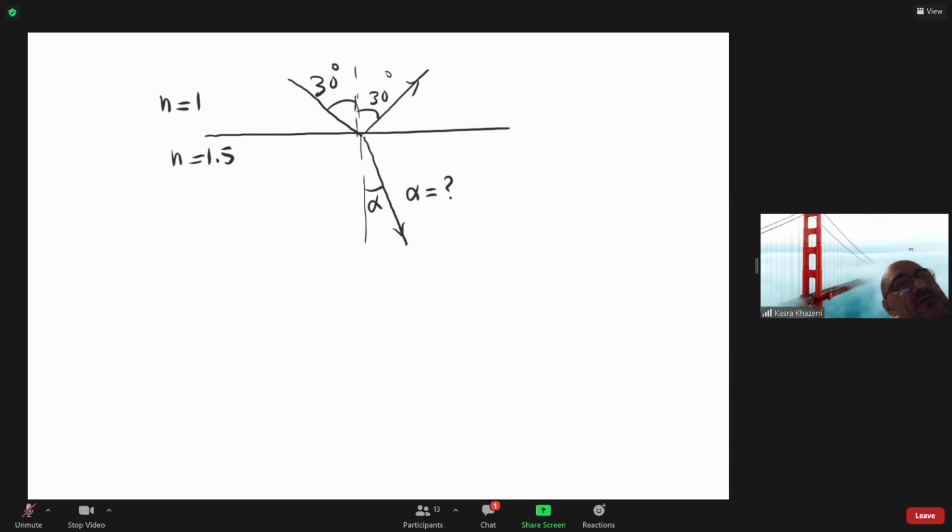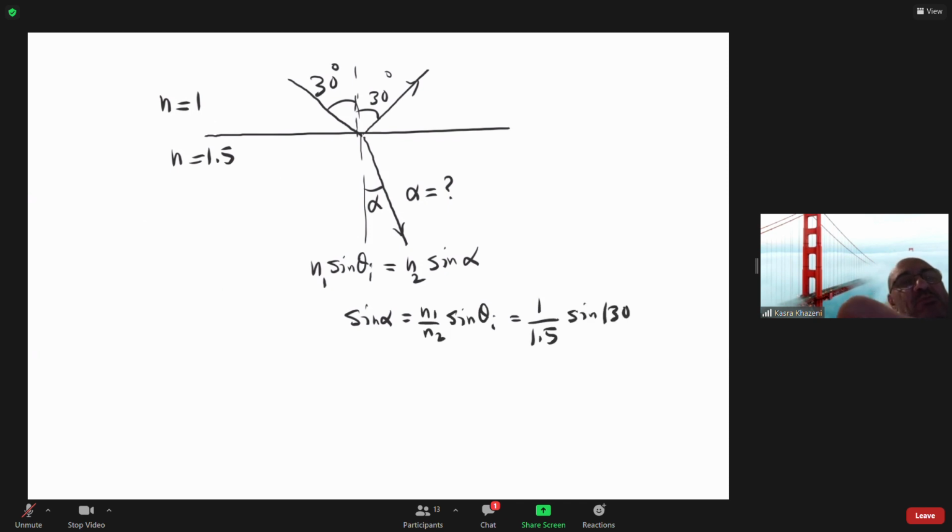Okay. Well, the law of refraction says n1 sine of the incoming angle is n2 sine of the outgoing one. In this case, I've called it alpha, so sine of alpha is n1 over n2 times the sine of the incoming angle. n1 is 1, n2 is 1.5, and sine of 30 degrees is 1/2, so this is 1/3.